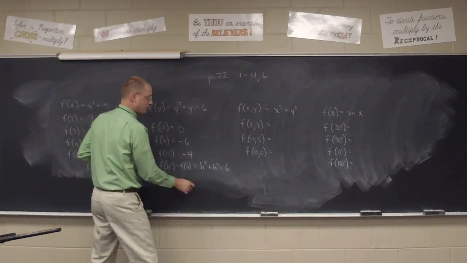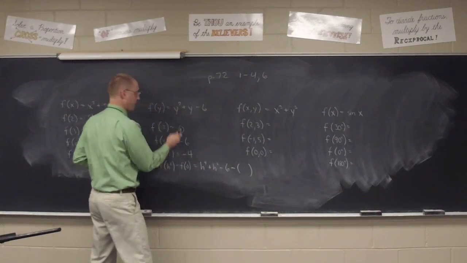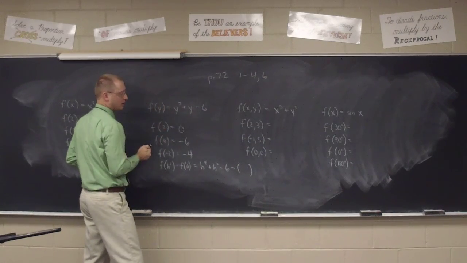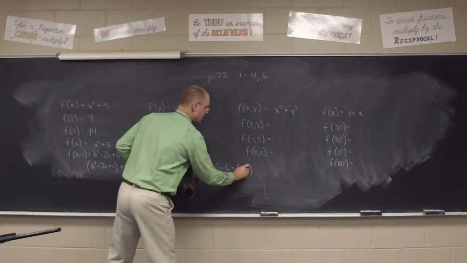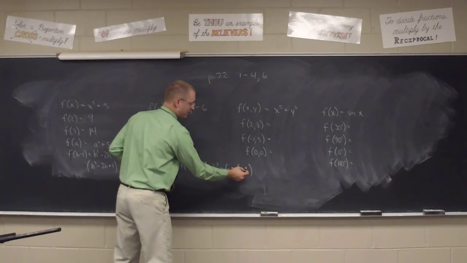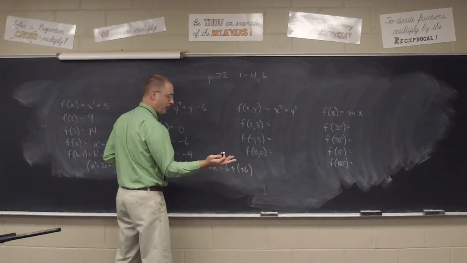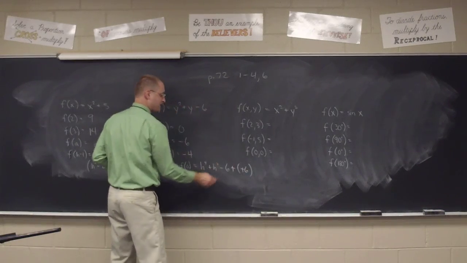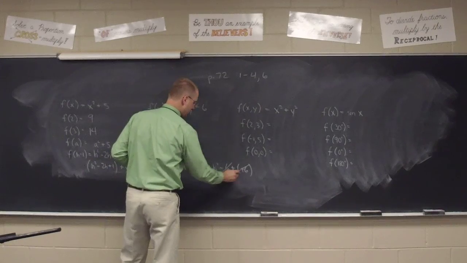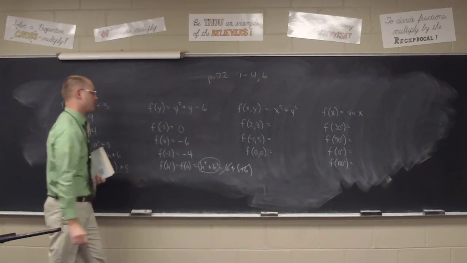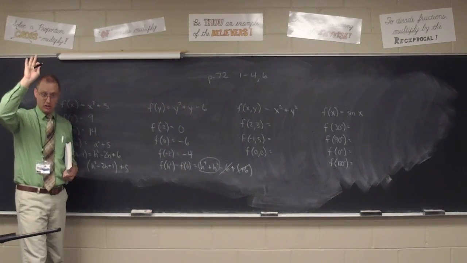And then we've got to subtract f of 0. Well, what is f of 0? We could do that part in our head. Negative 6. But anytime we have to subtract a negative, that's the same as adding the inverse positive, right? And so the positive 6 and negative 6 are just going to cancel. So my answer is just h to the 4th plus h squared. How many have that answer on this one?